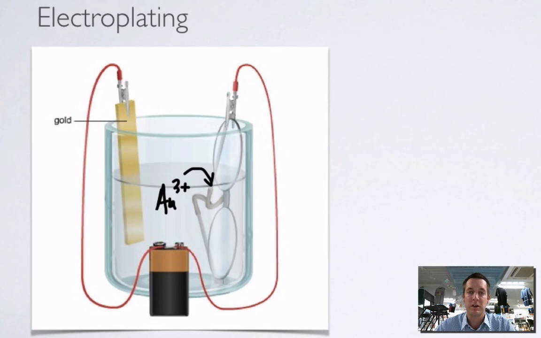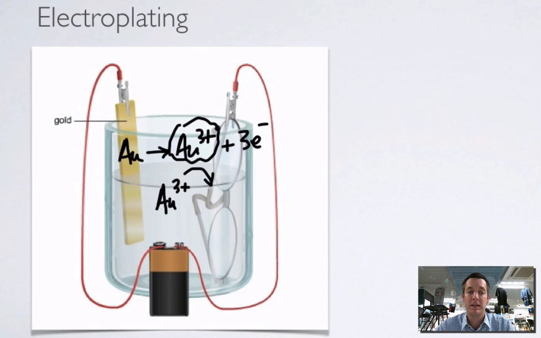Give these positive ions some electrons, and they'll turn into the metal atoms on the surface of this thing. And if we take electrons away from these atoms, because remember we've got gold here, if we can take the electrons away and turn them into gold 3+ ions, and these electrons will come round the circuit, then this gold electrode will produce more and more ions for us, and our solution won't run out of ions.